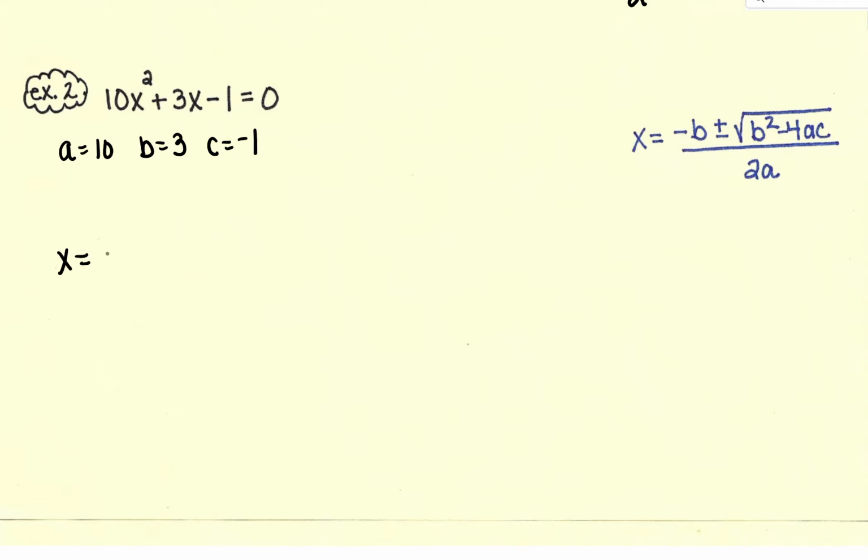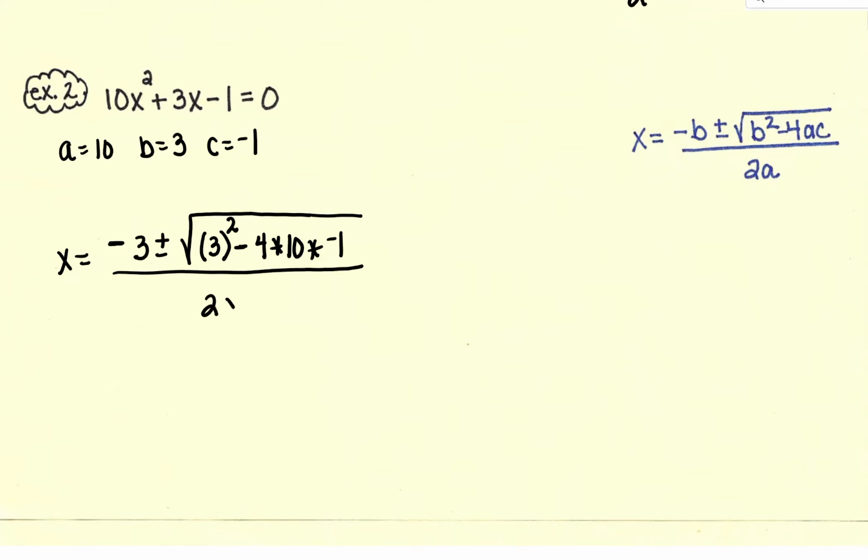X is equal to negative B, which is 3, plus or minus the square root of parentheses B squared minus 4 times your A times your C all over 2 times A, which is 10. So that's negative 3 plus or minus.